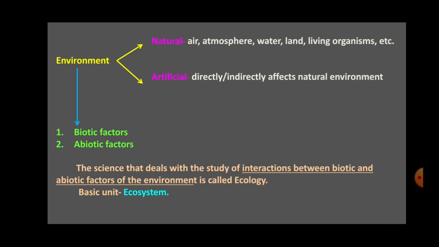Now what does ecosystem mean, students? Again, eco means environment. So ecosystem means a biological community of interacting organisms and their physical environment. Difficult to understand? Okay. Any community or group of living organisms that live in and interact with each other in a specific environment. Let's take the example of an aquatic or marine ecosystem. In a marine ecosystem, you have fishes, sharks, the very microscopic plants and microscopic animals that you see on the surface of the water.